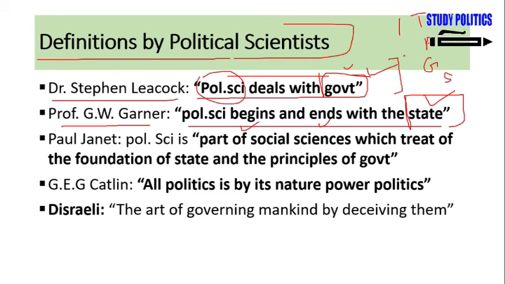So the study of all these four essentials is concerned with political science, and the most important are government and sovereignty. As far as government is concerned, I have told you earlier, and as far as sovereignty is concerned, sovereignty is a sort of ultimate power. If a country is sovereign, it means that the country is sovereign in terms of its internal administration and external administration.